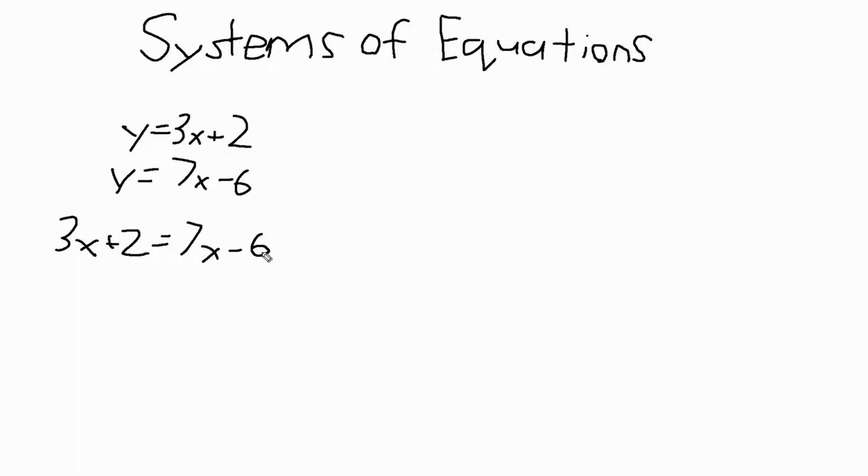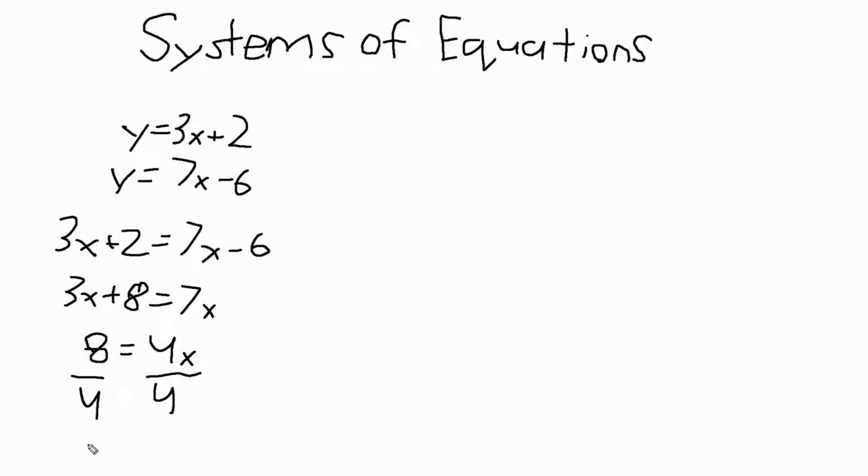So we can add 6 on both sides to get 3x plus 8 equals 7x. And then we want to take away 3x on both sides, so it'll be 8 is equal to 4x. Then we have to divide both sides by 4 to isolate the variable, and that'll leave us with 2 is equal to x.